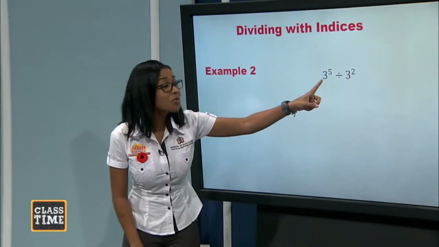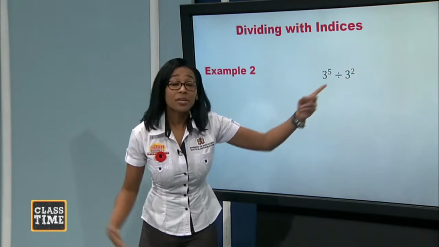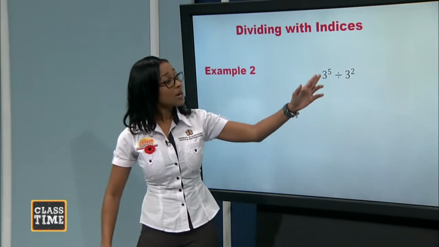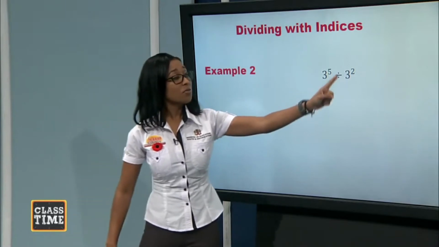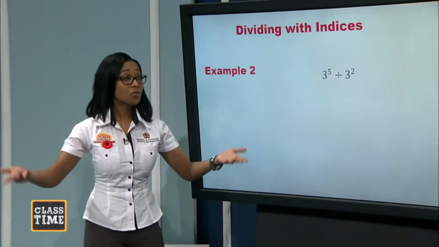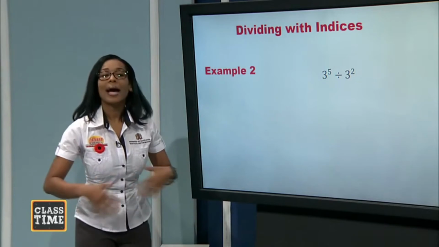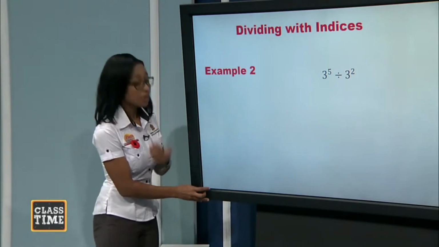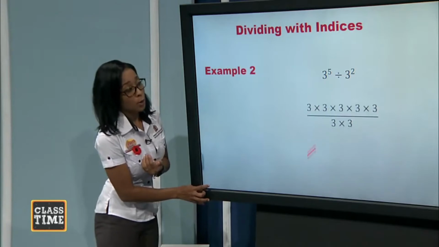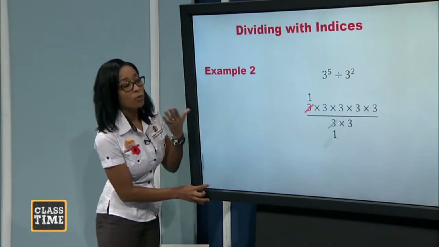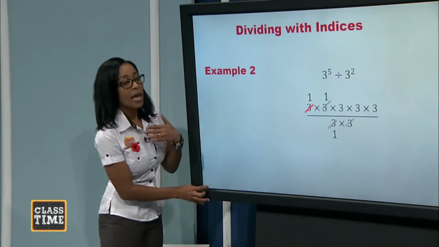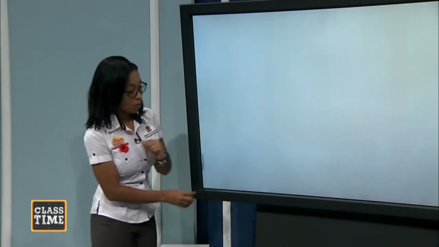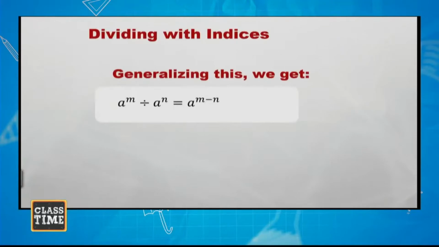We can just go ahead and subtract. So it would be 5 minus 2, which would be 3 raised to the 3rd power. And this is my long way: I expanded my numerator, expanded my denominator, and arrived at 3 cubed.